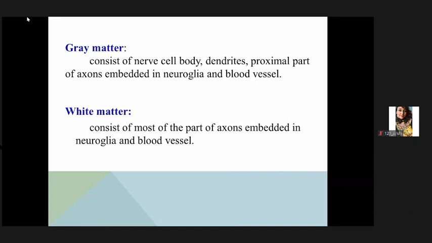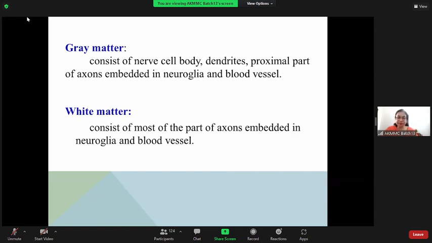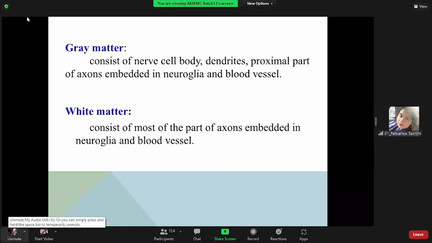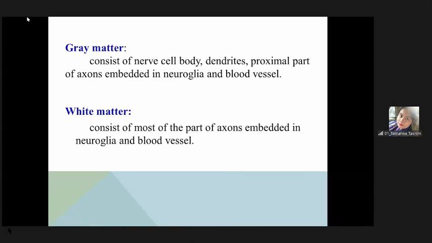Understood? Now roll 1. Present, ma'am. Roll 2? Roll 3, present, miss. Roll 4, present, ma'am. 5, present. 6, present. 7, present.